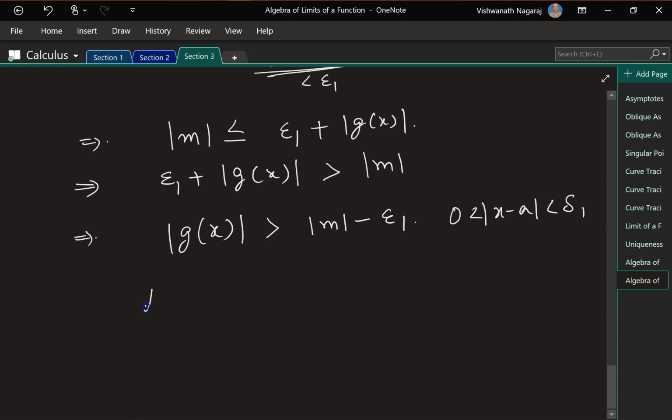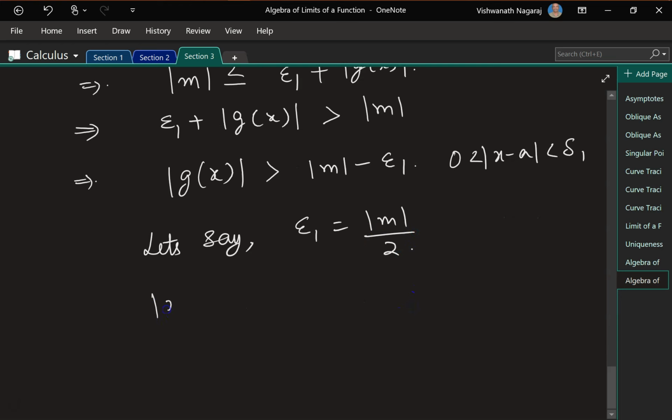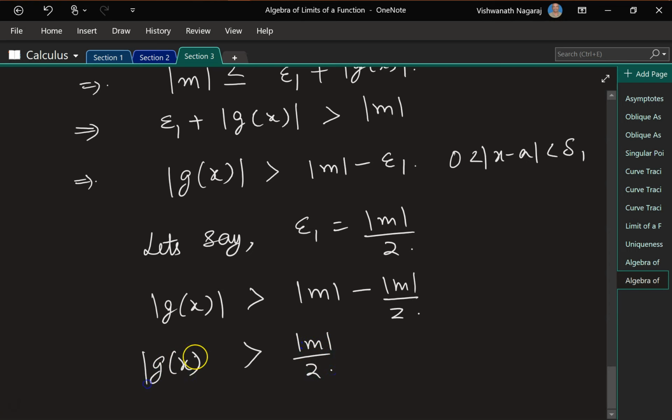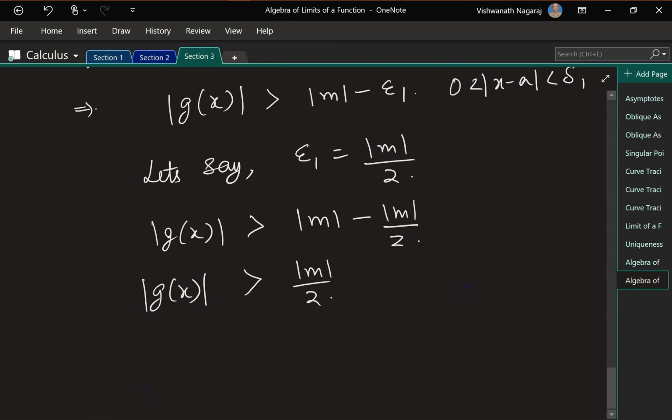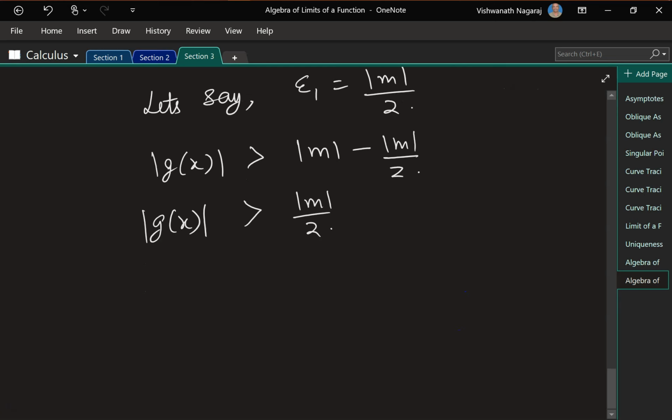Now, let's say epsilon 1 is equal to |m| by 2. In that case, what happens? |g(x)| becomes greater than |m| minus |m| by 2, which is 2|m| minus |m| by 2, giving us |m| by 2. So |g(x)| is greater than |m| by 2, which means, let's take the reciprocal of this.